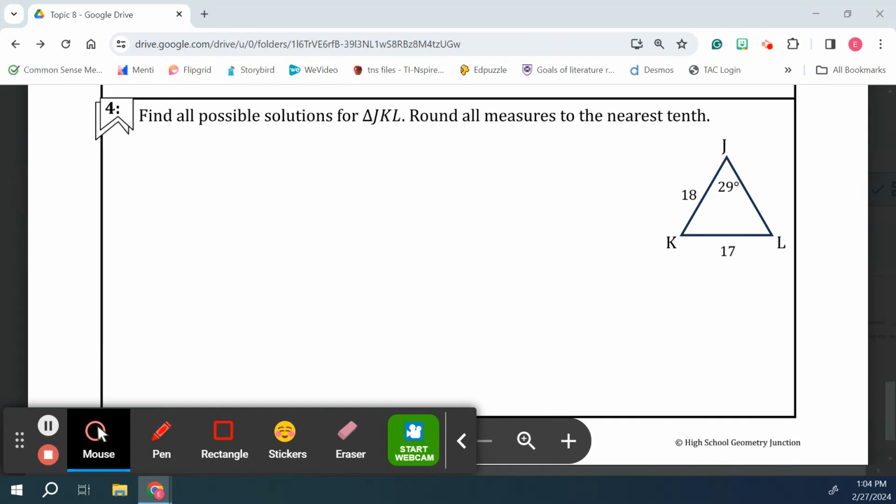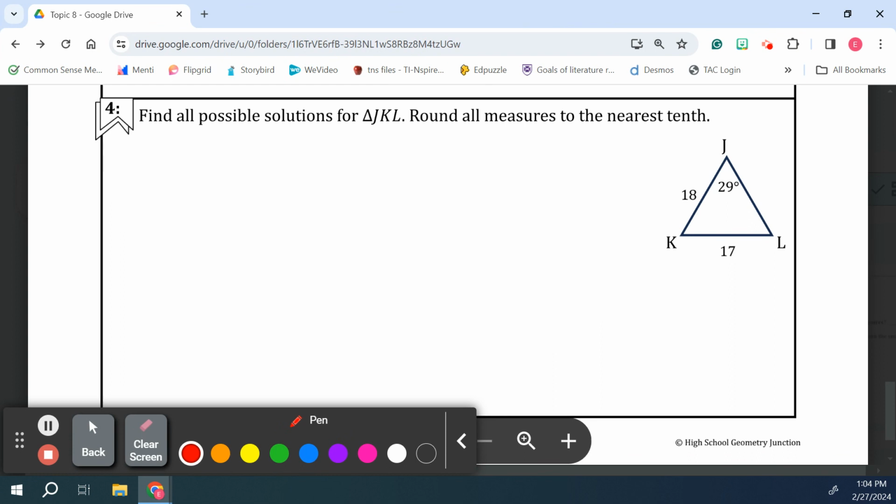All right, ladies and gentlemen, because we only have a few minutes left, I'm going to give you the answers. The measure of angle L should be about 30.9. The first measure of angle K should be 120.1. This is all for the first solution.